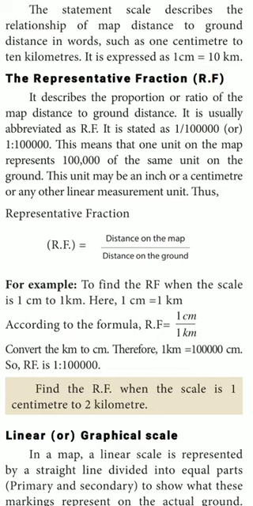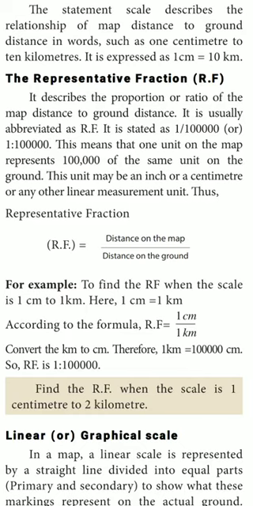This means that 1 unit of map represents 1 lakh of the same unit on the ground. This unit may be an inch or a centimeter or any other linear measurement unit. So in short, this representative fraction RF is denoted as the distance on the map by distance on the ground.